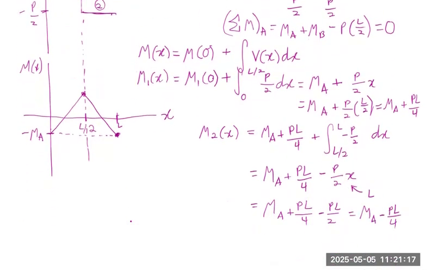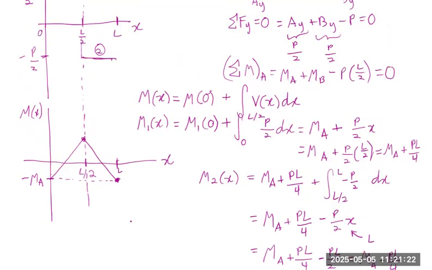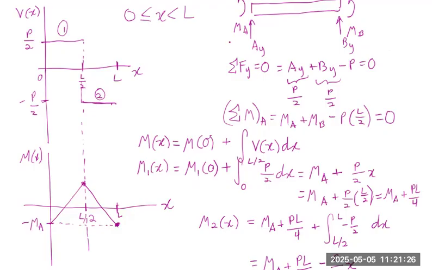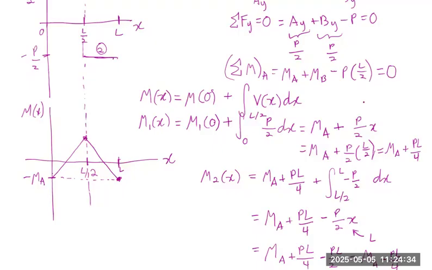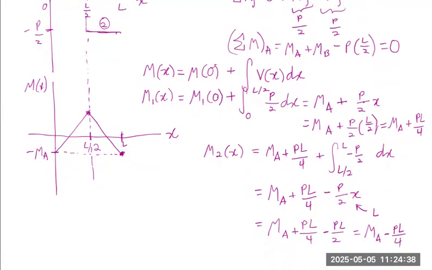However, if we look at our free body diagram, we see that a positive moment on our free body diagram corresponds to a negative moment here. So always go by integration because integration never lies.